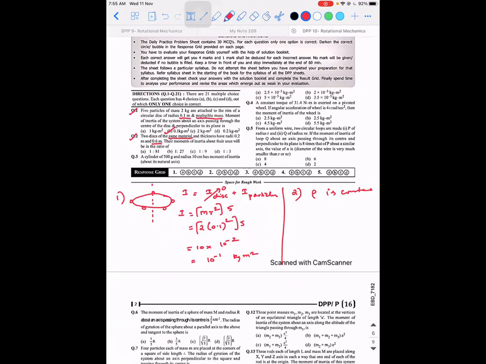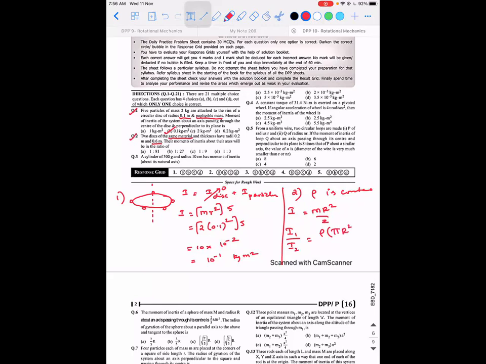So what is the moment of inertia of the first disk? It is mr square by 2. Or in general, moment of inertia is mr square by 2. So I1 by I2 is equal to, in the place of m, can I write it as density of substance into its volume? Let's take the radius as r.